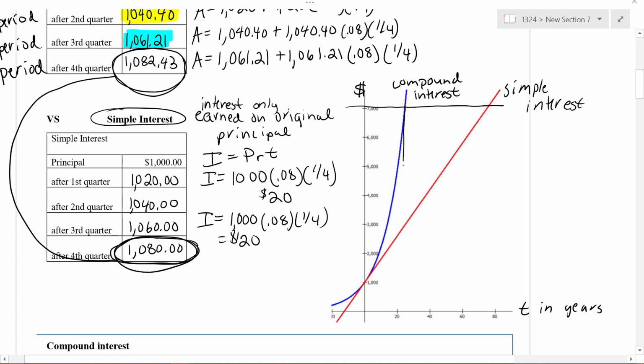With compound interest, it looks like that would take just a little bit over 20 years. But to earn $7,000 using a simple interest account, it looks like it would take a little bit less than 80 years, so let's say about 75 years. So you can see that you will earn a lot more money a lot quicker with compound interest as opposed to simple interest over time.